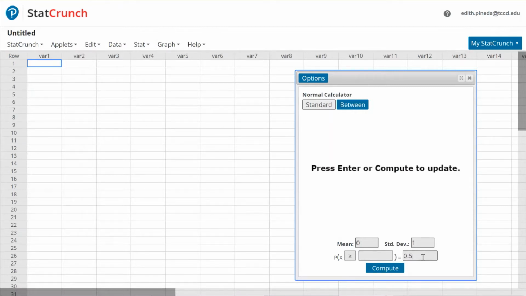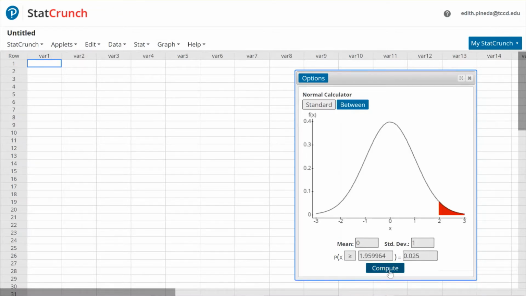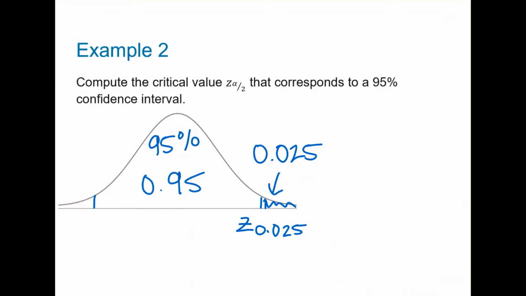Remember that we have the area, so that means we need to put the area here so we can get the answer here. The area to the right is 0.025. Now let's press compute, and we get approximately 1.96. Rounding to 2 decimal places in StatCrunch, we get that z sub 0.025 is approximately 1.96.